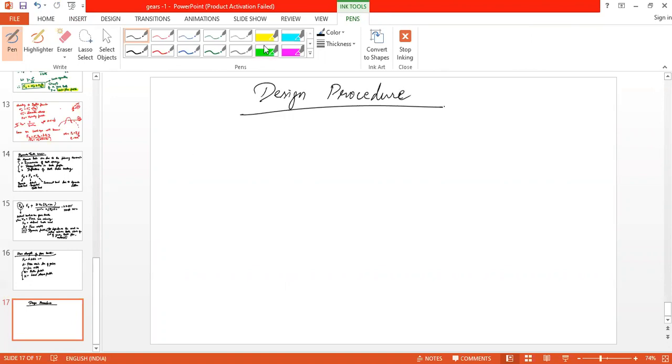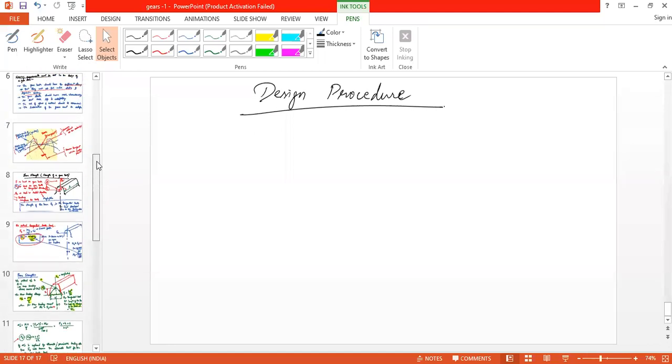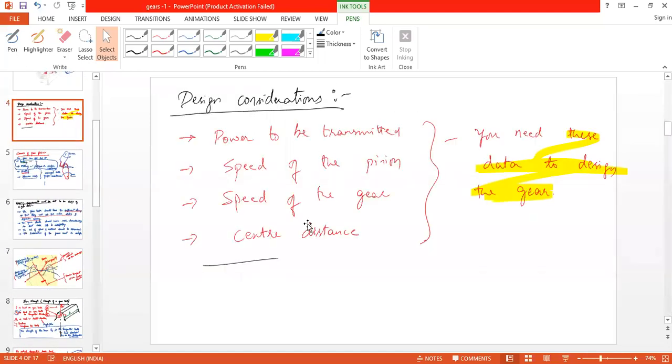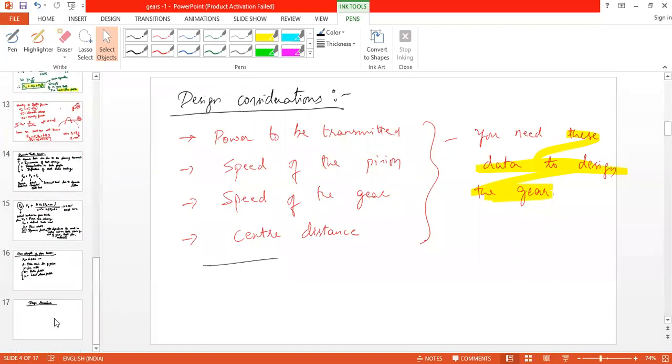Now, what is the design procedure? This is very important, and here most of your doubts will be addressed. We know that these data are required while designing the gear: the power to be transmitted, speed of the gear and speed of the pinion, and center distance. Okay, we know all these data.